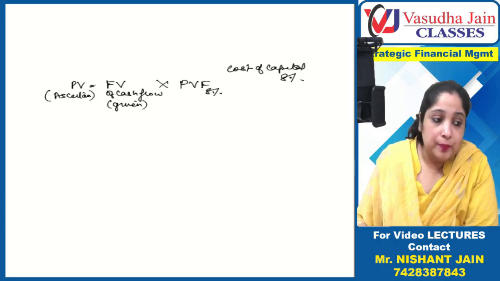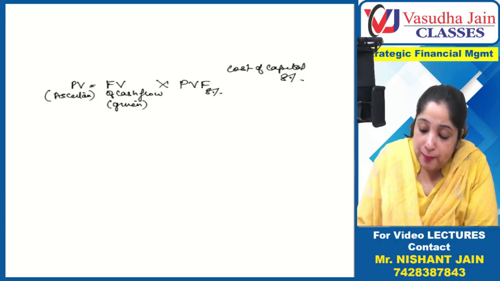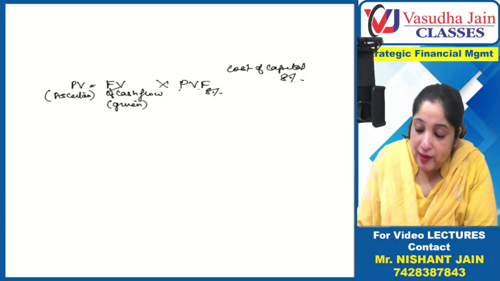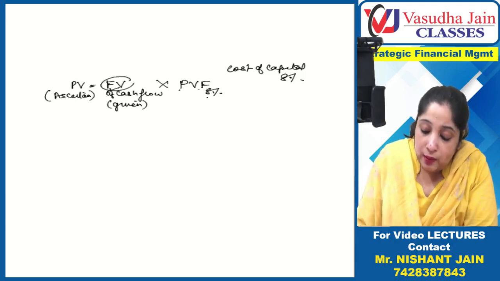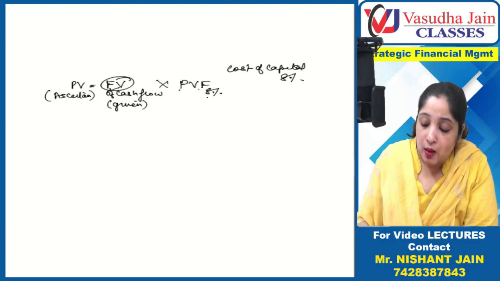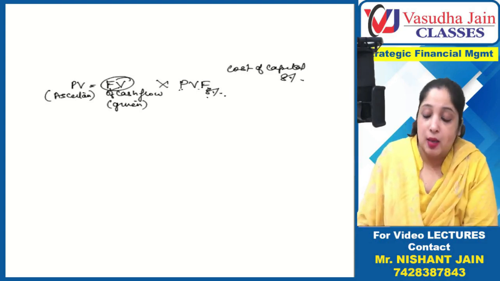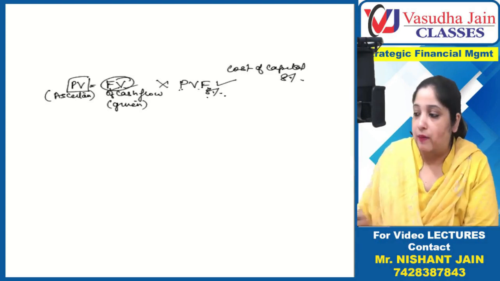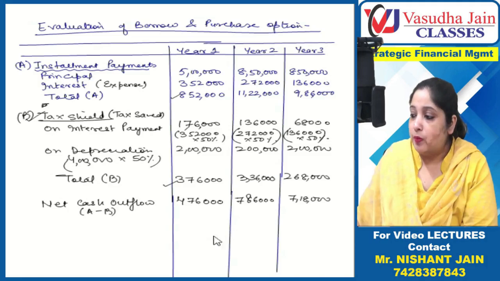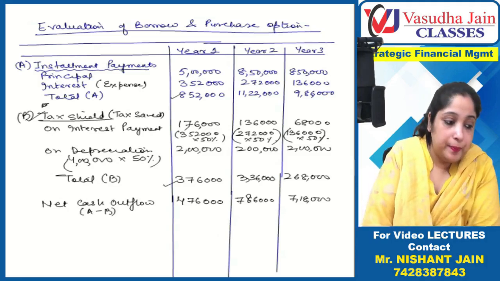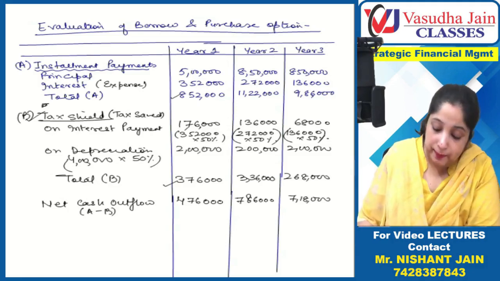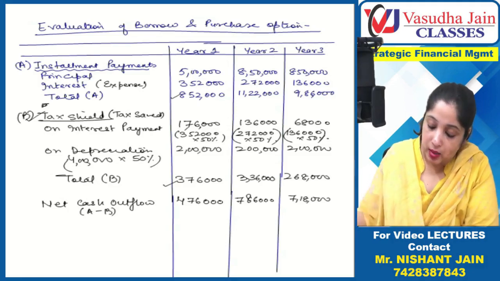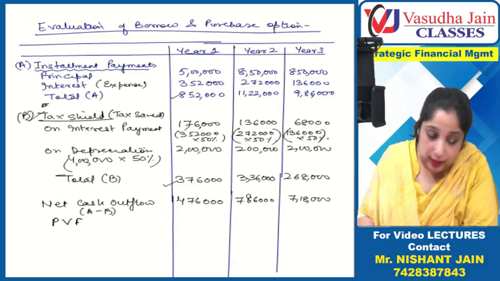So we have to multiply the future cash flows with the present value factor at 8%. If the cash flow is for the first year, take the present value factor for the first year. If it is for the second year, take the factor for the second year, and then we can compute the present value. So how will we do it? We will multiply with the present value factor at the rate of 8%.